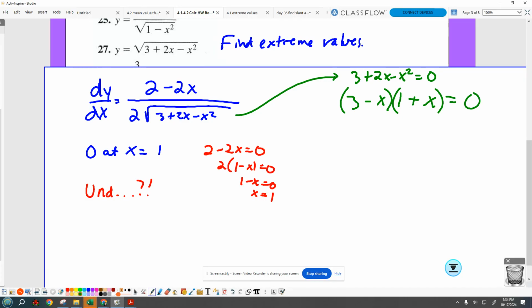So let's check, make sure it works. 3 times 1 is 3. Then I have 3x minus x is 2x, negative x squared. Okay, so that all worked. X equals 3 and x equals negative 1 is where it's 0.